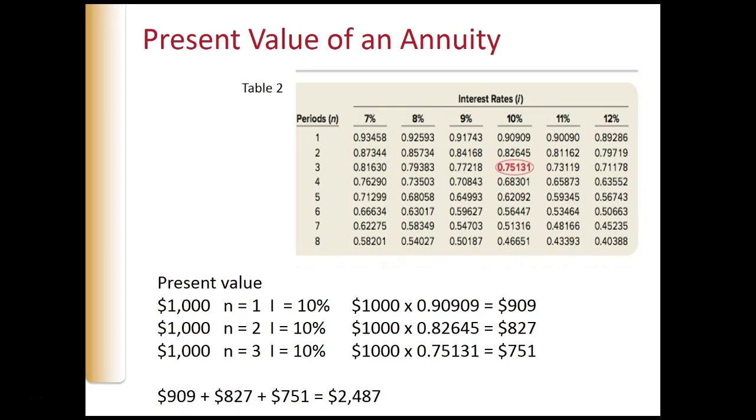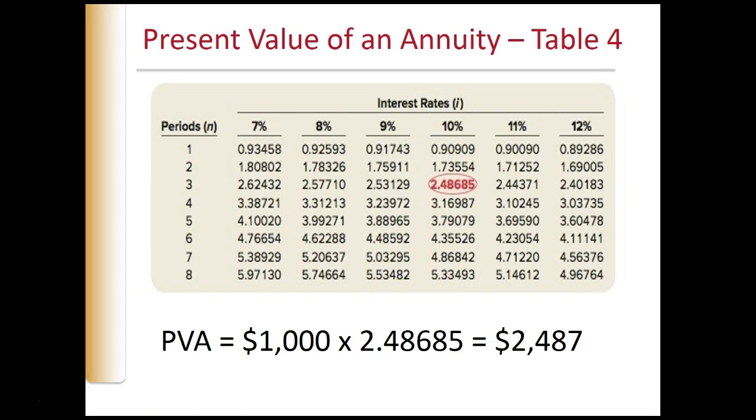And then the present value of $1,000, where there are 3 periods at 10%, we would use the factor 0.75131 to give us our $751. When we total those numbers, our present value of that future annuity is $2,487. Now, that's a lot of work.